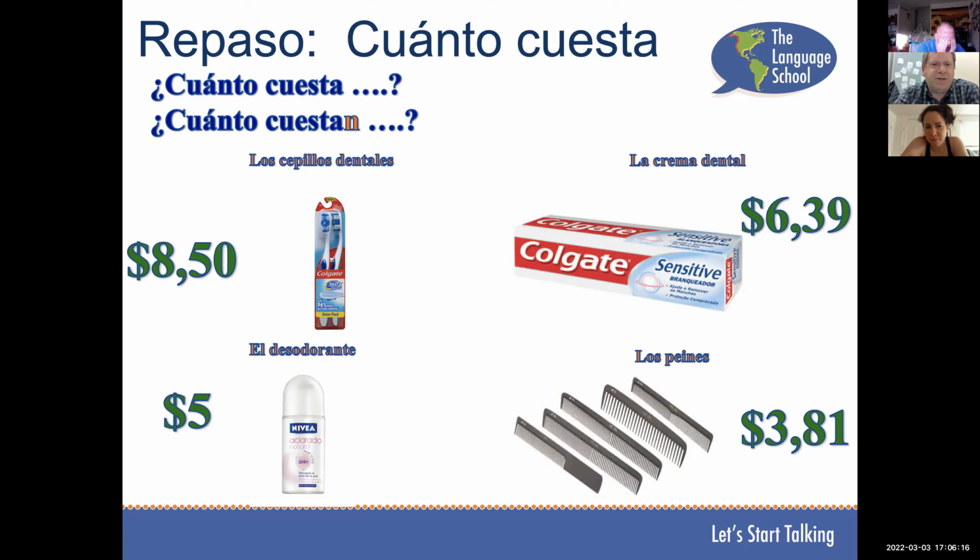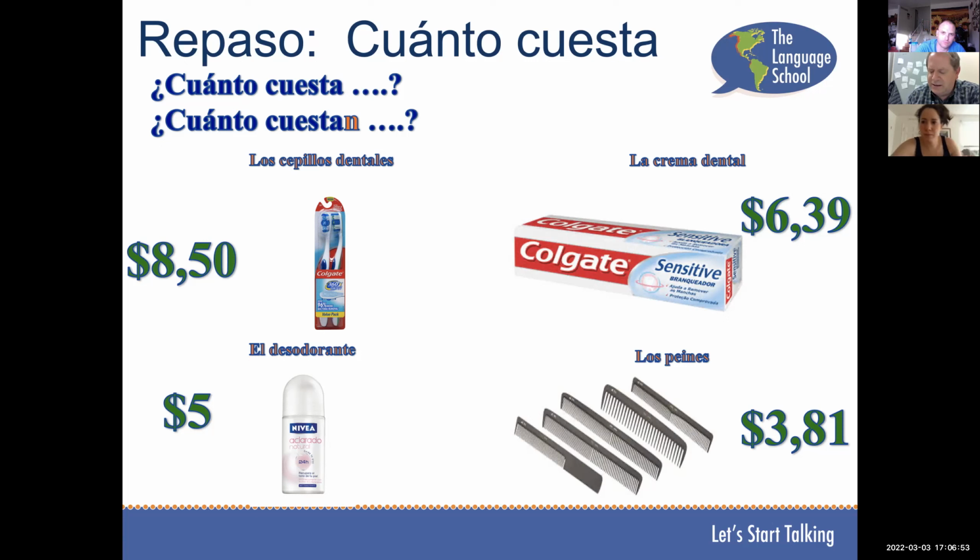Los cepillos dentales cuestan $8. ¿Cómo se dice 50 cents or pesos? 50 centavos. Centavos. Ahí está.